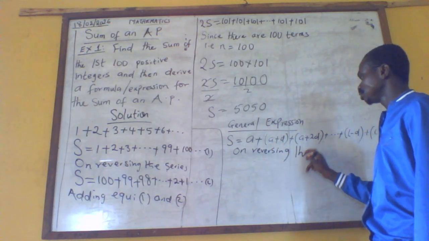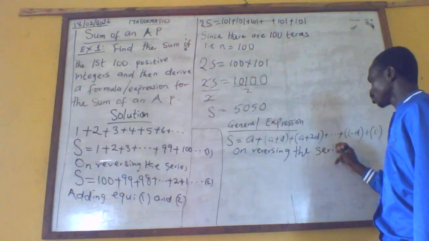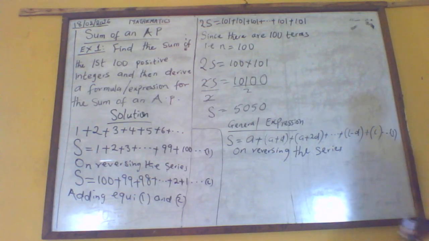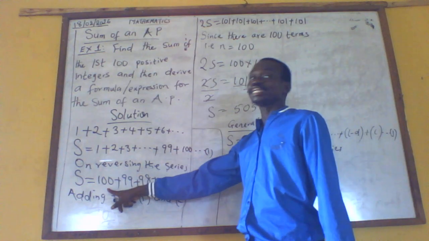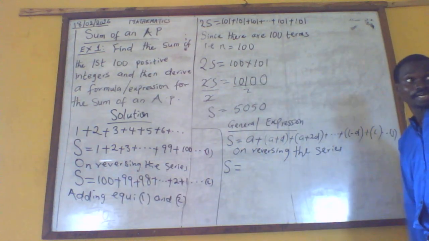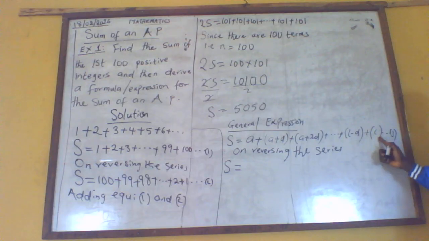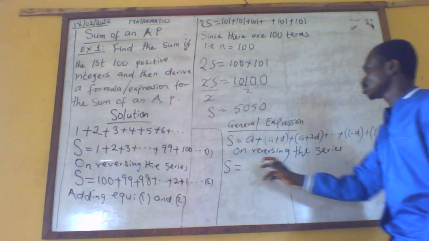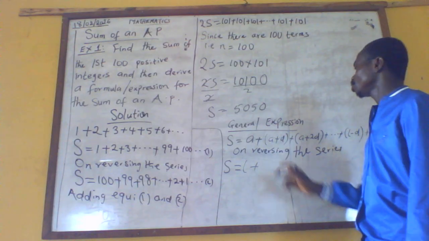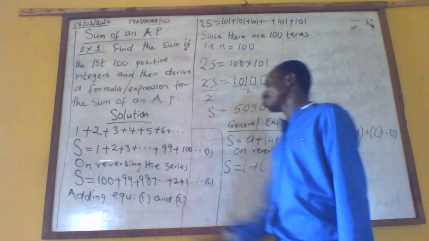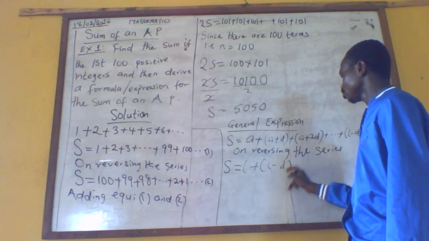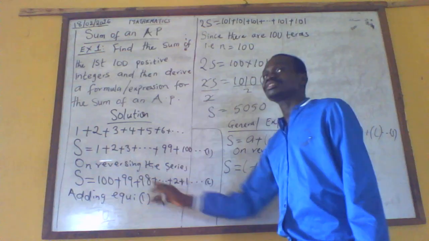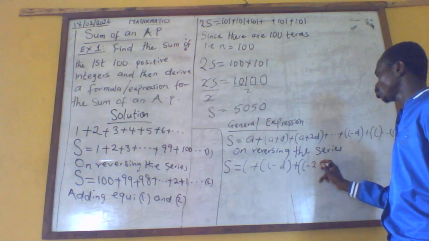So let us reverse the series as well. On reversing the series, this is our equation 1, and we have the sum. 100 is our last term, right? So I will start from the last term, like that. So what will I have here? 99 is my second to last term, L minus D. 98 is L minus 2D.